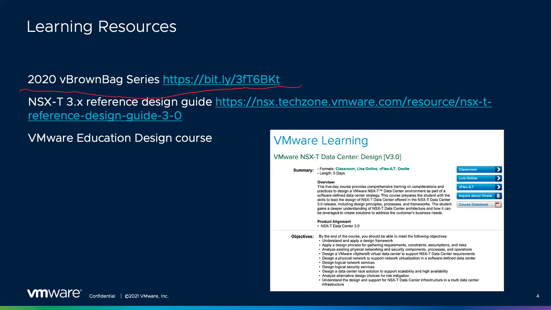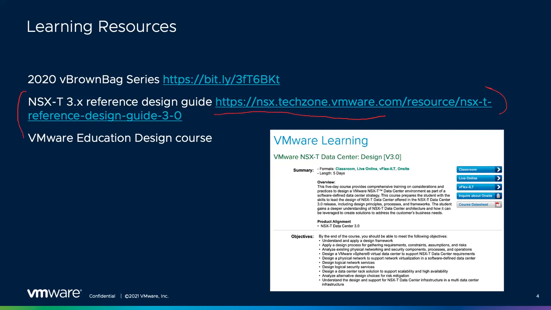And then really, the NSX design Bible, as it were, is the reference design guide. So if you are doing anything with NSX-T and you need to understand how to do something, or understand a scenario, or figure out a best practice principle, go to the NSX Tech Zone for a lot of different resources, but ultimately go for whatever is the current iteration and version of the official design guide.